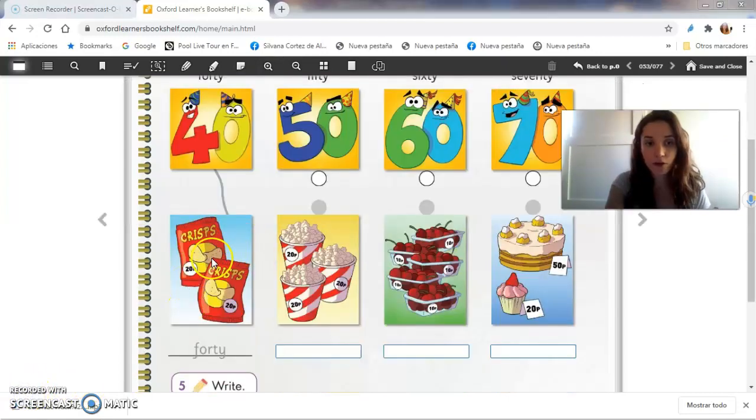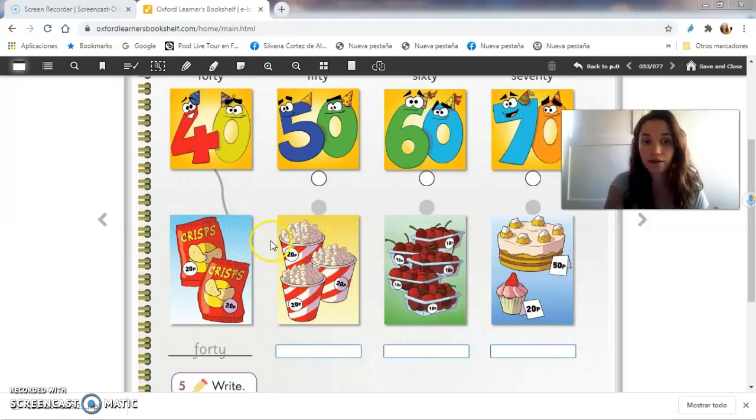So, look at the crisps. How much are the crisps? ¿Cuánto salen las papas? 20 pence. Si sumamos 20 and 20, el resultado es 40. Por eso está unido con el número 40.